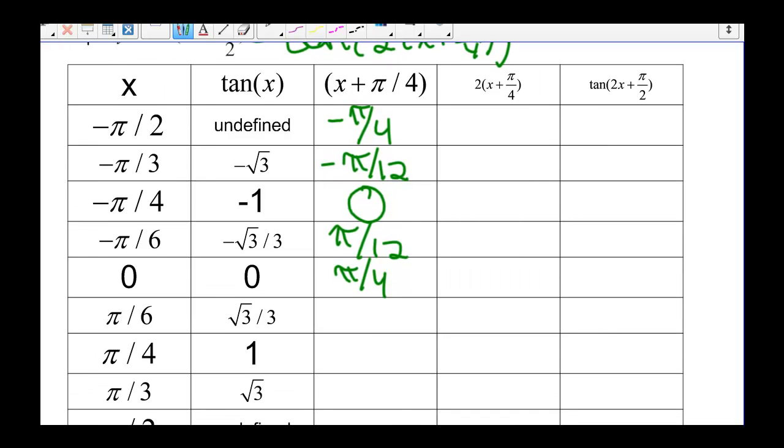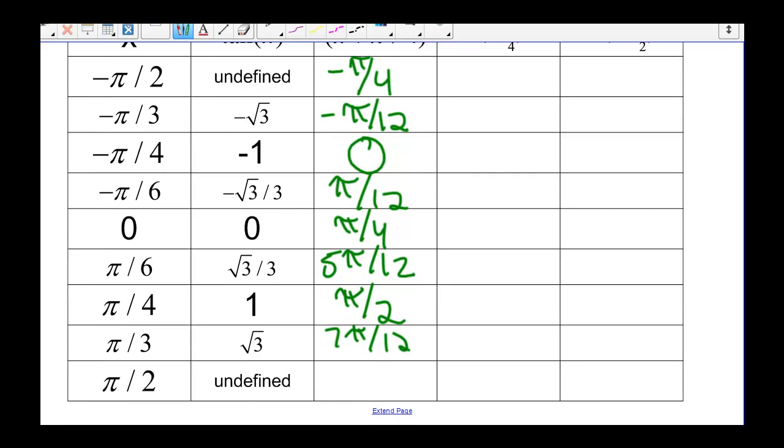Pi over 6 plus a fourth gives us 5 pi over 12. Pi over 4 plus pi over 4 gives us pi over 2. Pi over 3 plus pi over 4 gives us 7 pi over 12. And pi over 2 plus pi over 4 gives us 3 pi over 4.